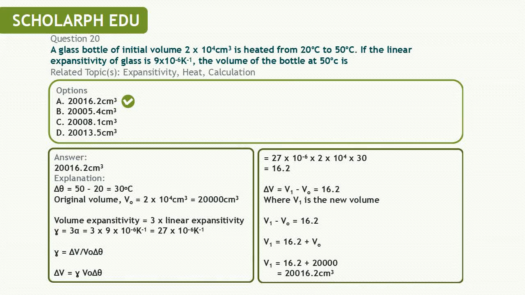Okay, how do you multiply this? Just do 27 times 2 times 30 times 10,000. This 10 raised to power 4 is 10,000. Then divide it by 10 raised to power 6, which is 1 million. The reason why we are dividing is because this power is negative, so it will go to the denominator. So divide by 1 million, you will get 16.2.